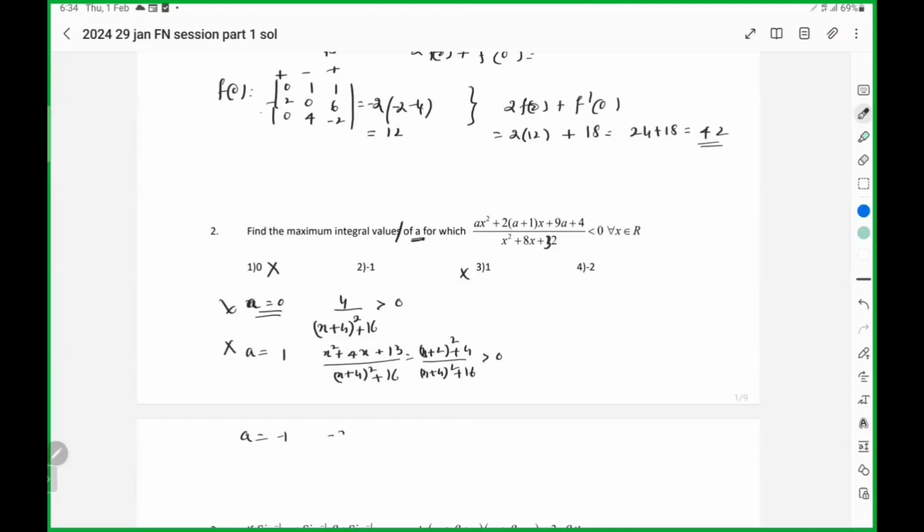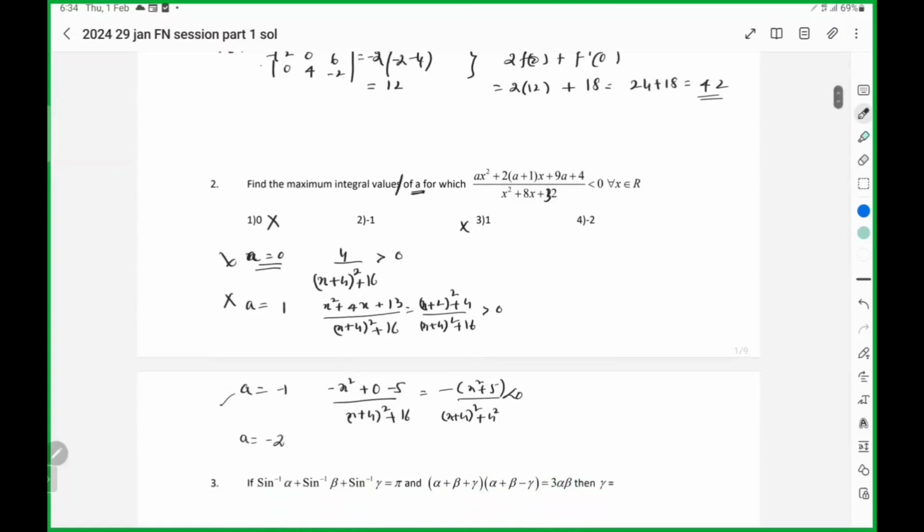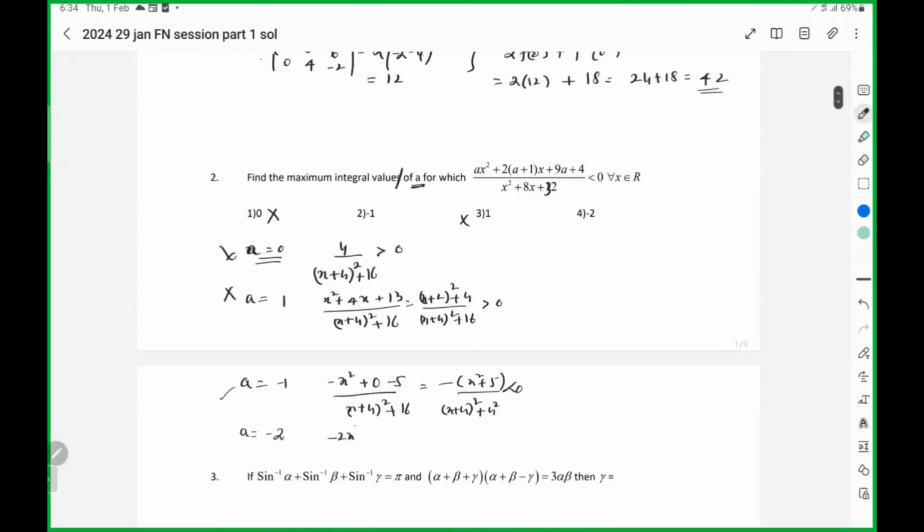A is minus 1, you take 0 minus 5. It is minus of x square plus 5 by x plus 4 whole square. It is always negative, so it is a possibility. A equal to minus 2: x square minus 2 plus 1, minus 2x minus 18 plus 4.